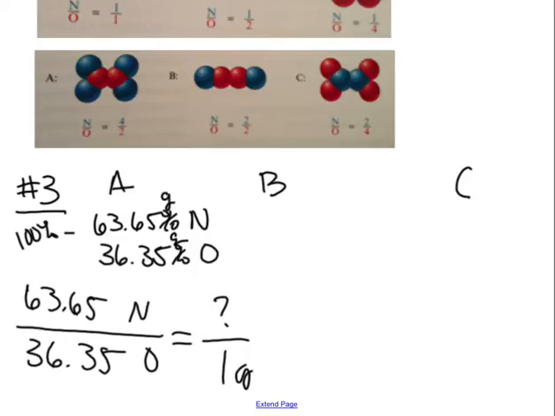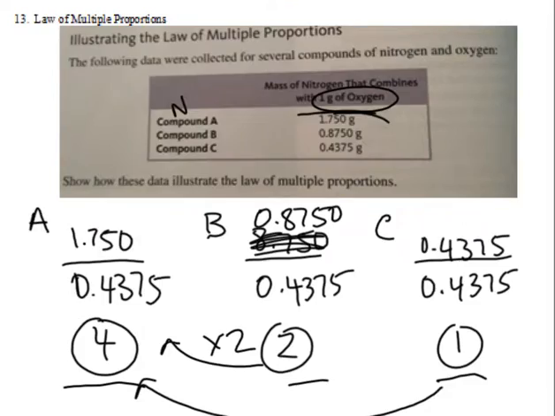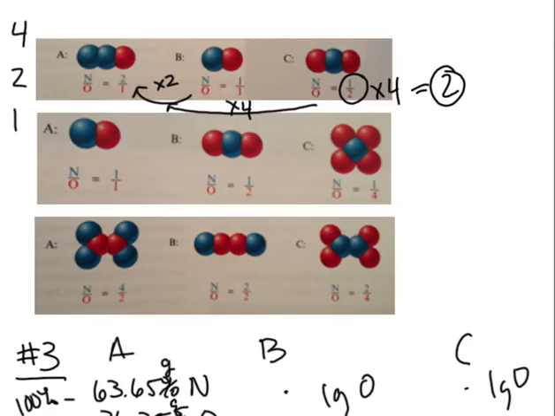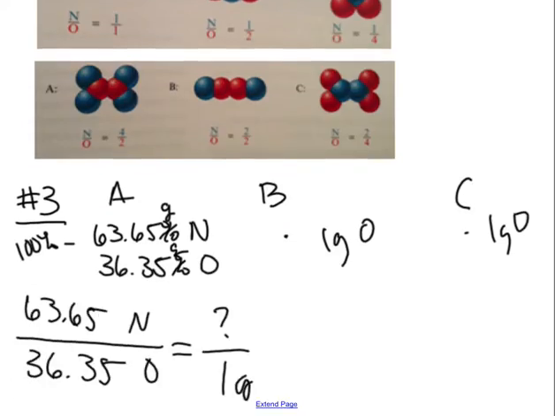And we're going to convert all of these to a 1 gram oxygen ratio. If you do it right, which you will, you're going to get exactly these numbers. That's where the numbers came from. So if you just do that first one, you can see you get 1.75 as the number that gets you to 1.